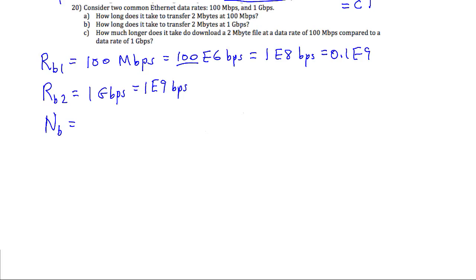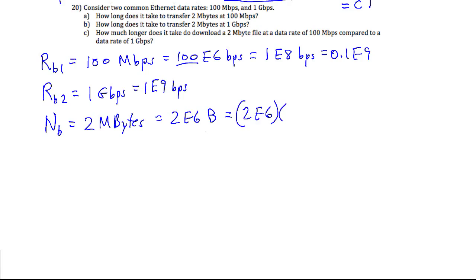That is 2 megabytes, which is 2 times 10 to the 6th bytes, which is 2 times 10 to the 6th times 8 bits, or 16 times 10 to the 6th, or 1.6 times 10 to the 7th. I'm going to write 1.6 times 10 to the 7th bits.